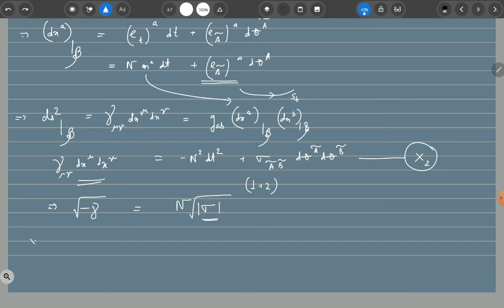And finally, let us talk about the extrinsic curvature. The extrinsic curvature of this three-dimensional hypersurface curly B, as we had shown, is equals to del B of R A, E mu of A, E nu of B, and the trace of that is equals to gamma mu nu, K mu nu. It's quite evident, as you should know. So this is it.